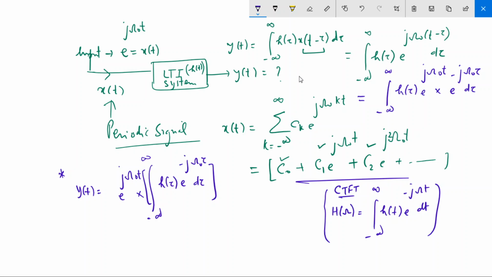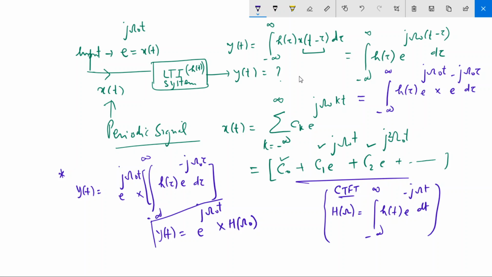The only difference is in the variables: in place of t we have τ, and in place of ω we have ω0, a particular frequency. So this is nothing but H(ω0). I can write y(t) as e^(jω0t) multiplied with H(ω0), the Fourier transform at the frequency ω0.